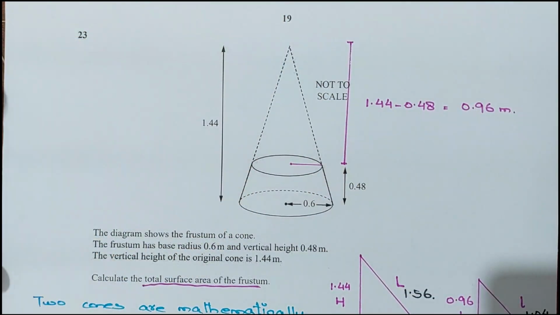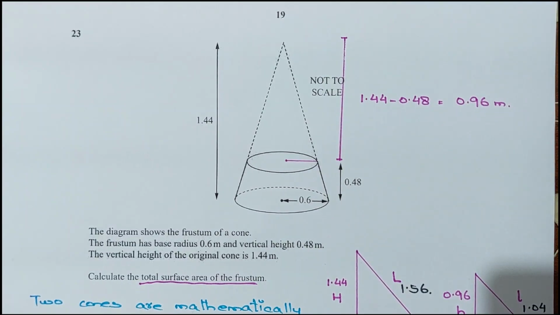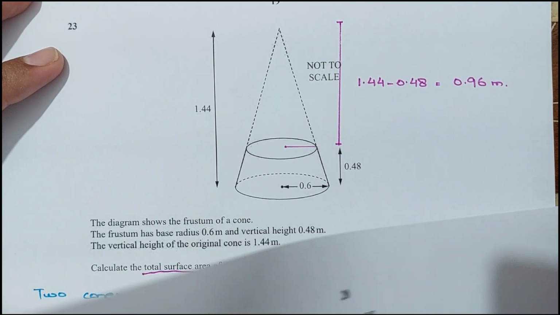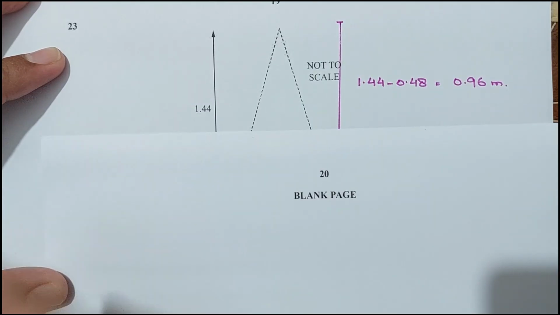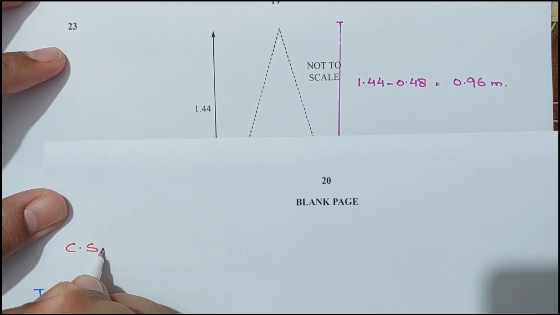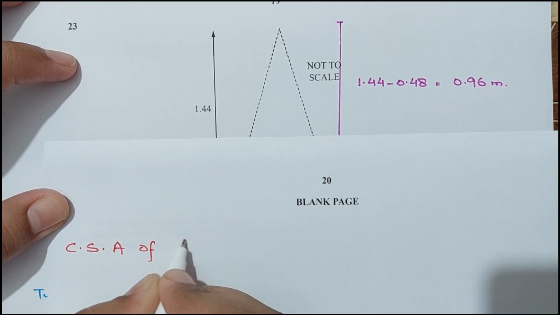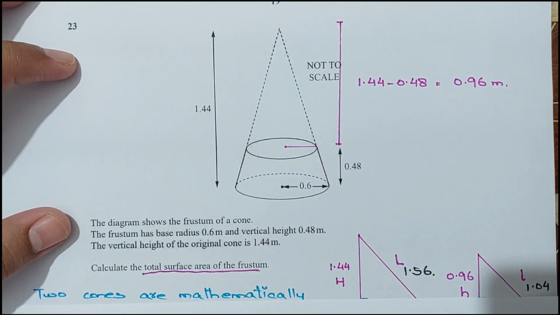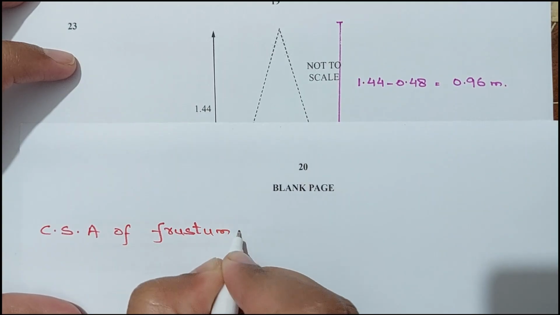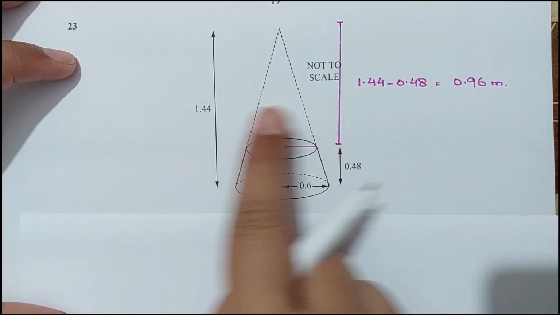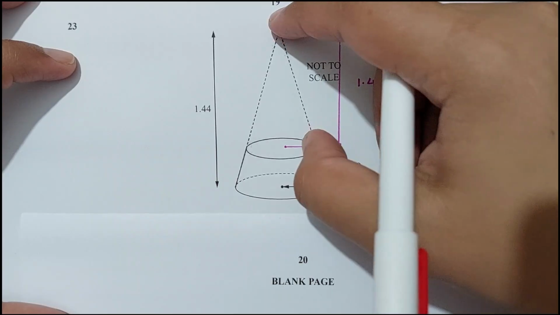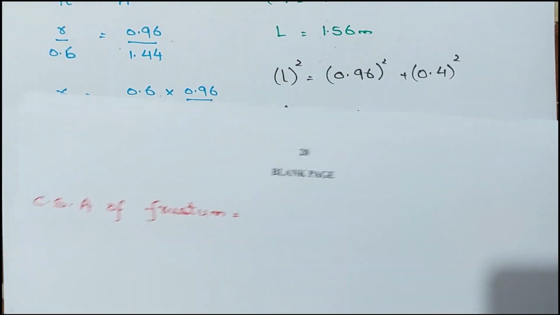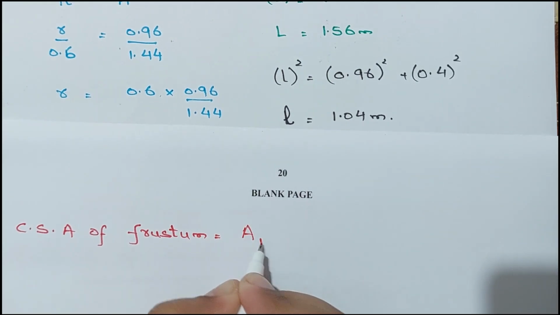So let me show you. We have been given blank paper as well, thank God. So the curved surface area of the frustum is the larger one minus the smaller one, or we can say A1 minus A2.